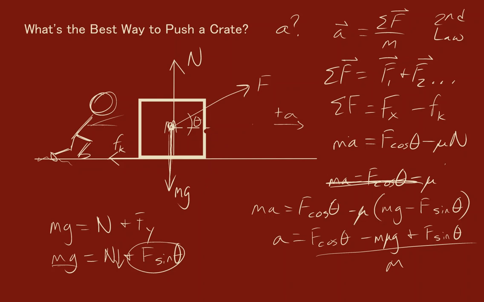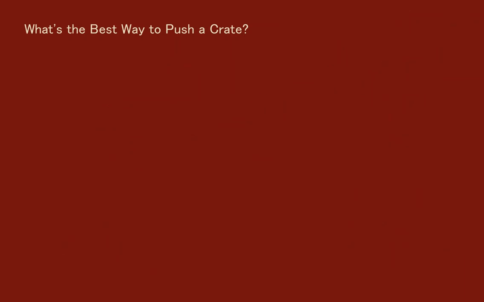Let's just get rid of that layer real quick. So if we can only push with a force of F, if we push straight across in this scenario, we will get our full force forward, and we'll get a frictional force that uses a normal that is equal to the weight of the box.